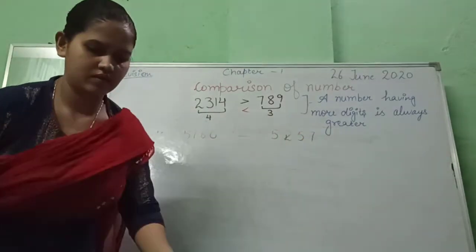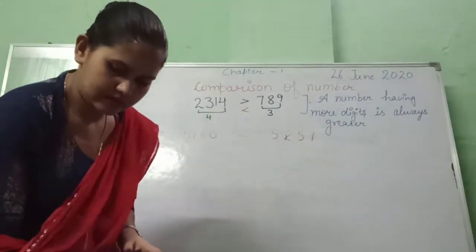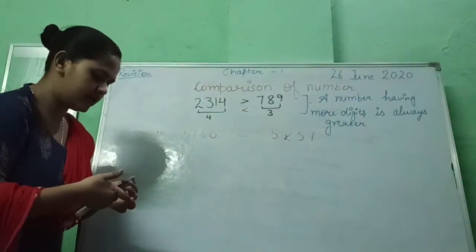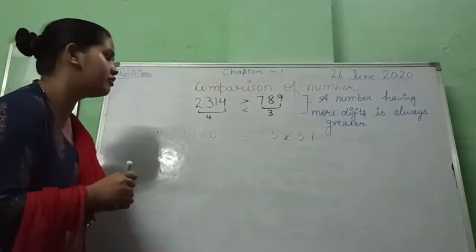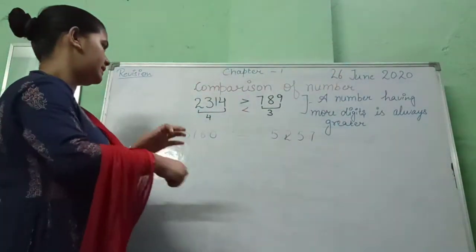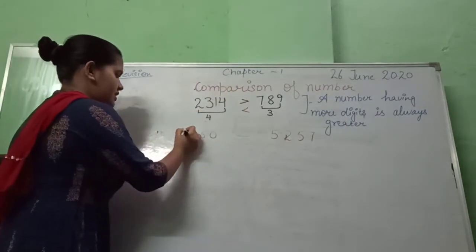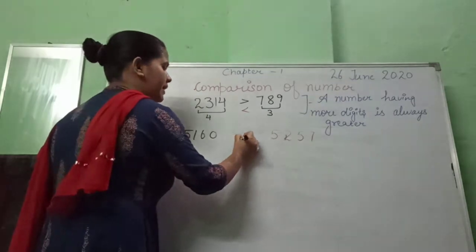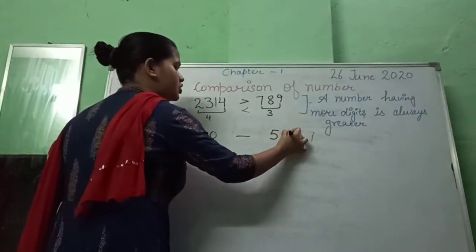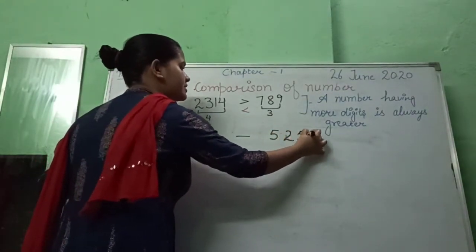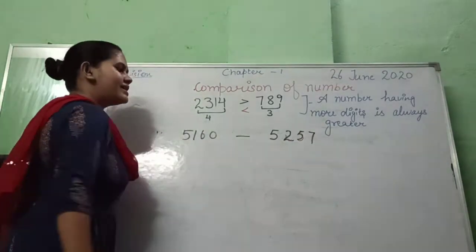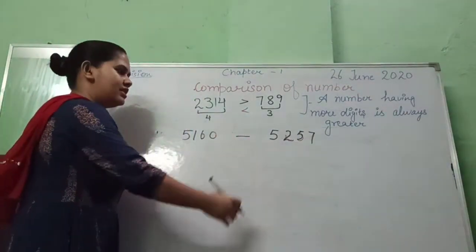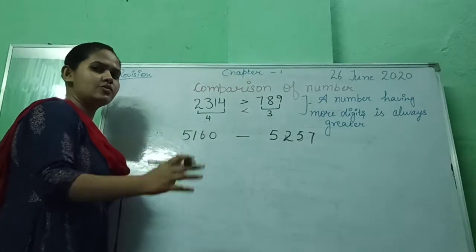Now it's going to be very interesting for you, because now we will compare them. You can see 5160 to compare with 5257. Firstly, they are all similar. Why? Because they all have 4 digits, which means they are in thousands.